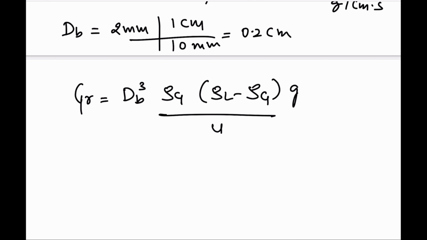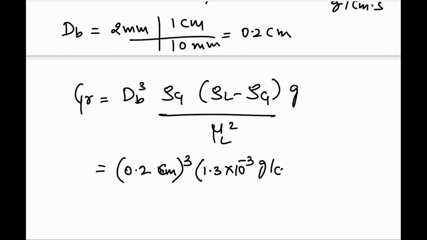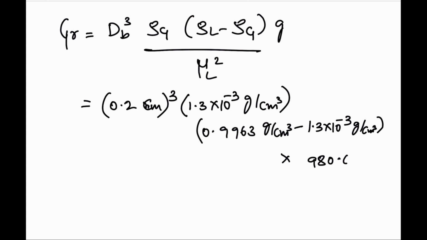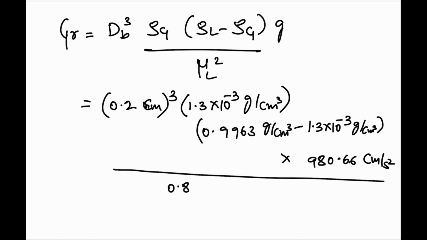Let us substitute all the values: 0.2 centimeter whole cube, rho g is 1.3 into 10 raised to minus 3 gram per centimeter cube, rho L is 0.9963 gram per centimeter cube minus 1.3 into 10 raised to minus 3 gram per centimeter cube, multiplied by 980.66 centimeter per second square, divided by 0.87 into 10 raised to minus 2 gram per centimeter second, whole square.